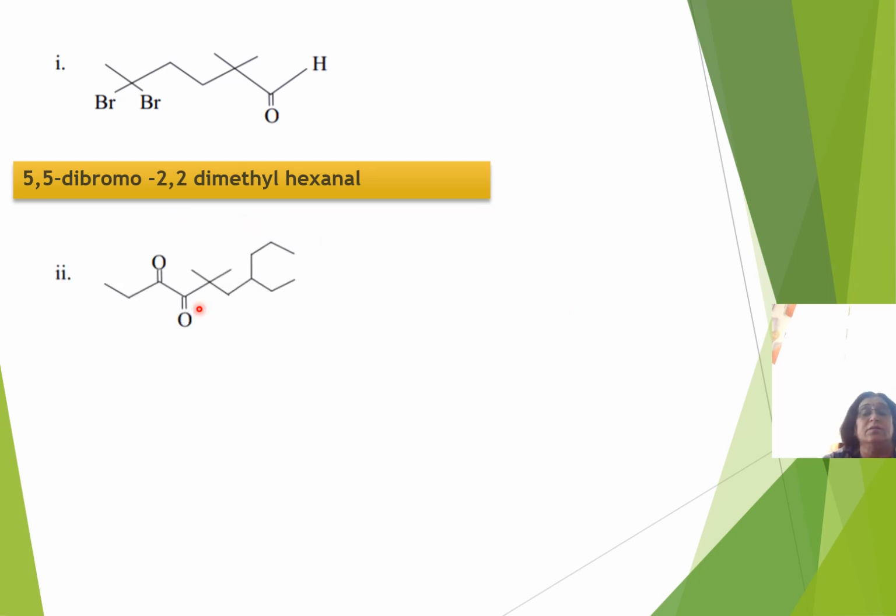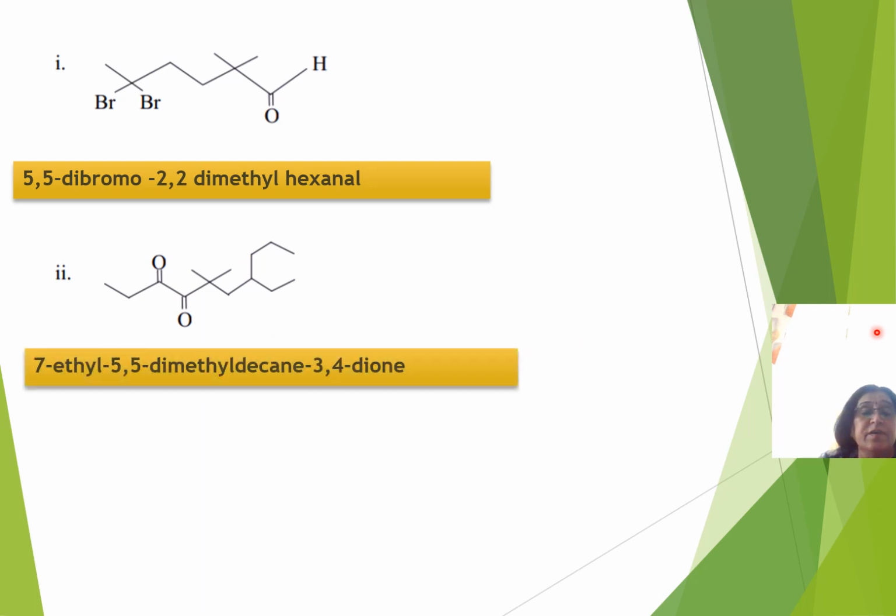Okay. Now this one. 1, 2, 3, 4, 5, 6, 7, 8, 9, 10: the 10 carbon longest chain containing 2 carbonyl groups and 2 methyl groups. So what will be the name? 7-ethyl. The 7th carbon has the ethyl group, the 5th carbon has 2 methyl groups, and decane-3,4-dione.